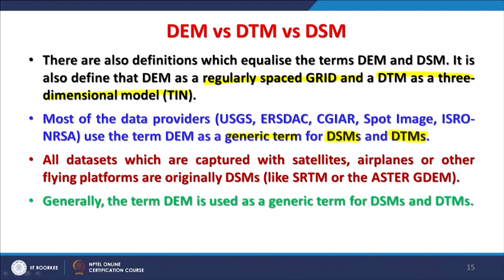For example, SRTM, which is the Shuttle Radar Topography Mission, in which SAR interferometry was used, or ASTER GDEM, where ASTER is the name of the satellite and GDEM is the global DEM. Again the word DEM has been used, though they may have some recordings of surface features, and generally the term DEM is used as a generic term for DSM and DTM.